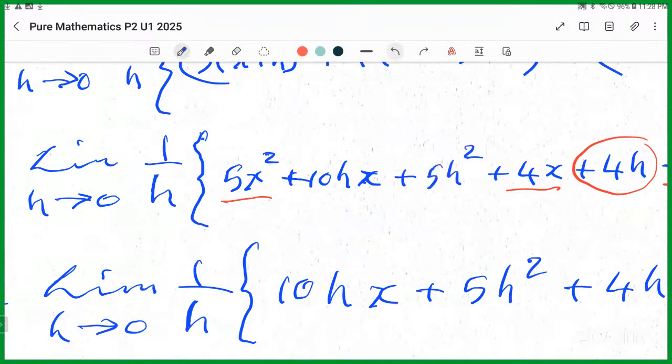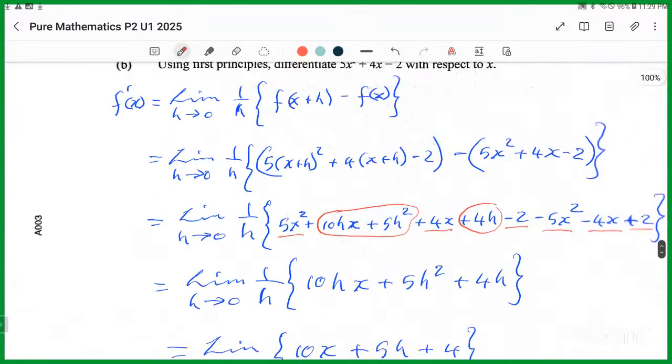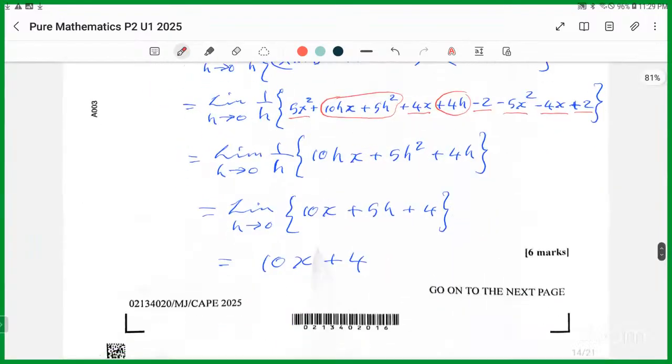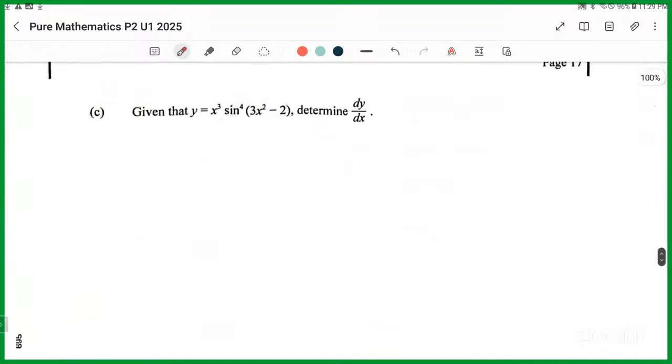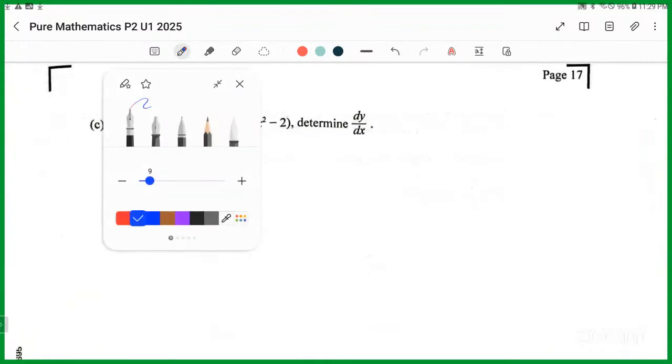Everything is underlined. It's gone. That is it. Yep. Done. Six marks.